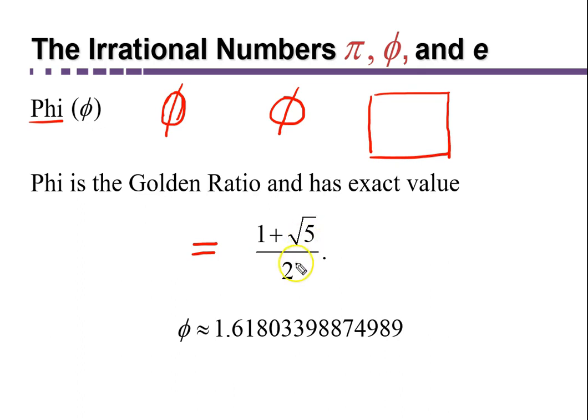And if you put this into your calculator, you get something like this. Again, it continues, doesn't repeat, and doesn't terminate because of its being irrational in this part. So we give an approximation of it. What is this called again? The golden ratio.